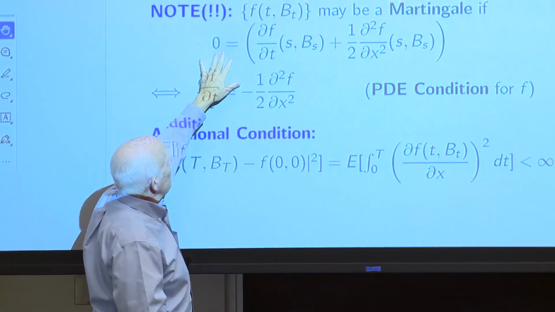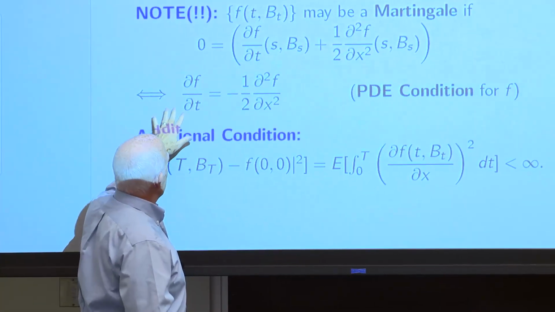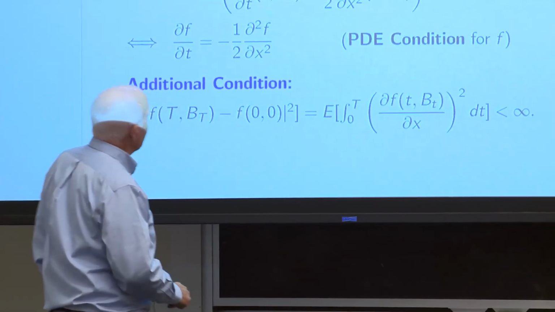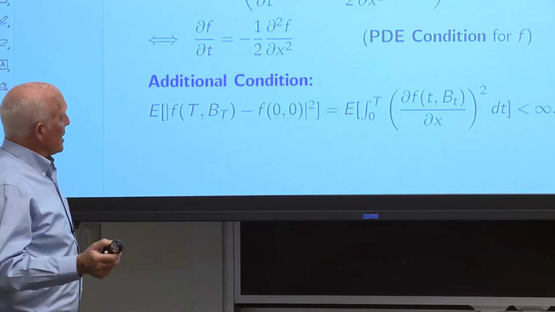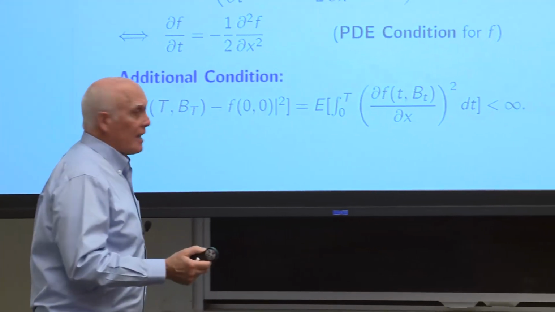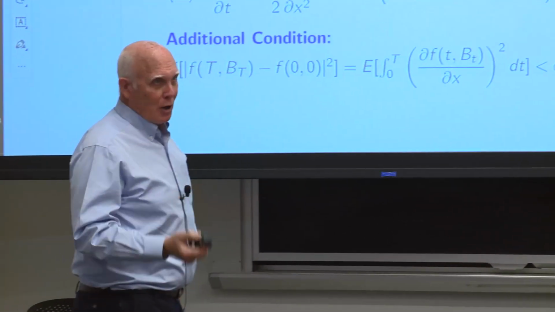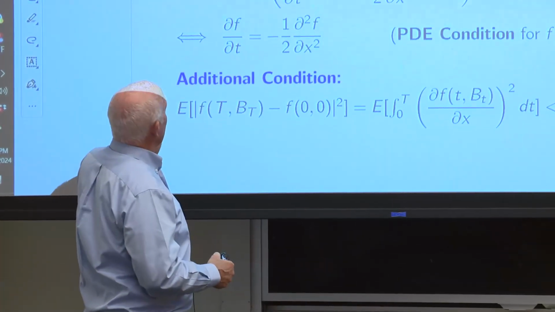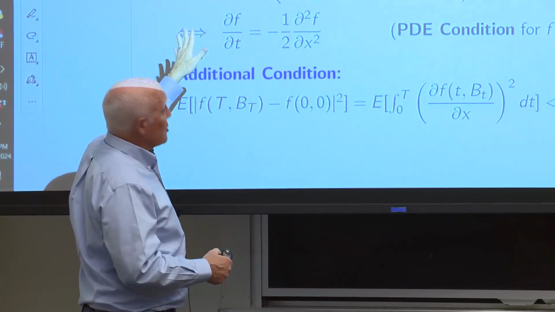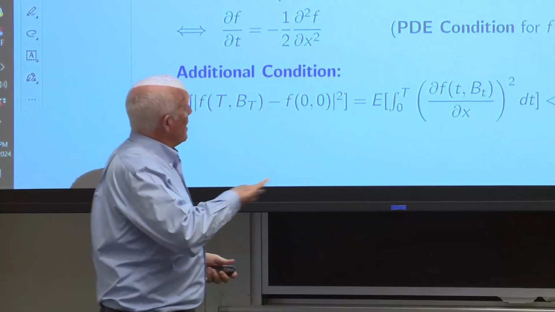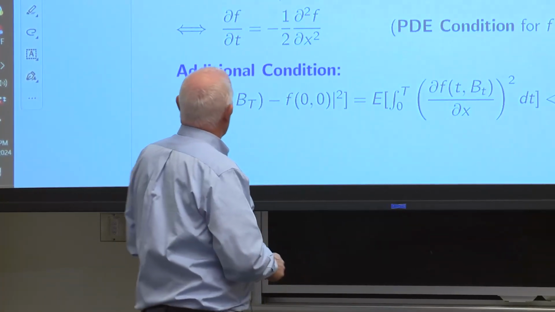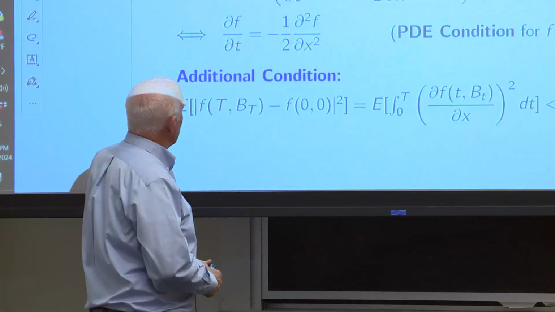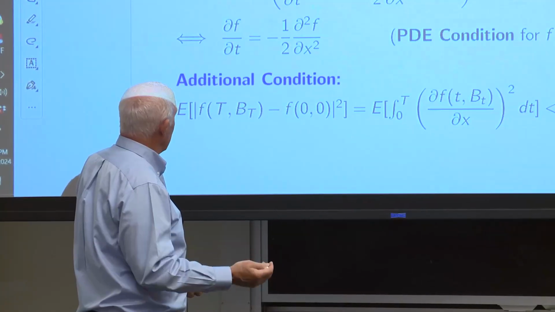And this integrand equaling 0 is equivalent to this partial differential equation on the little f. So there's this connection between martingales and partial differential equations for f when we're thinking of a process f of t. So if little f is a martingale, it will turn out that the partial of f with respect to t will equal minus a half d squared f dx squared, which is a PDE condition.